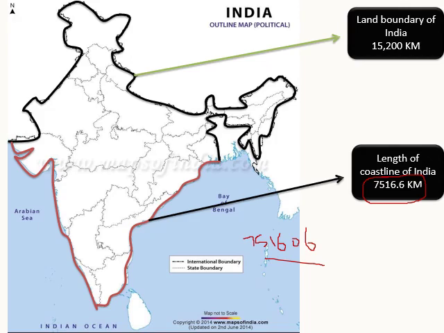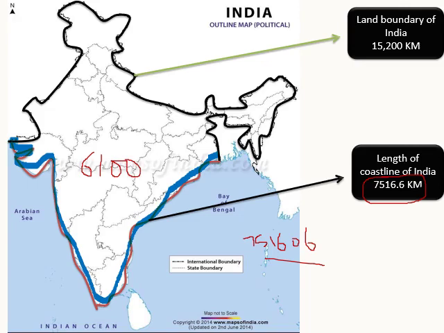When we take the coastal area from this Gujarat region, this complete Gujarat region, to this West Bengal region, this complete area is not 7,516.6 kilometer, rather it is just 6,100 kilometer. So in the Indian mainland, the coastal area of India is 6,100 kilometer.